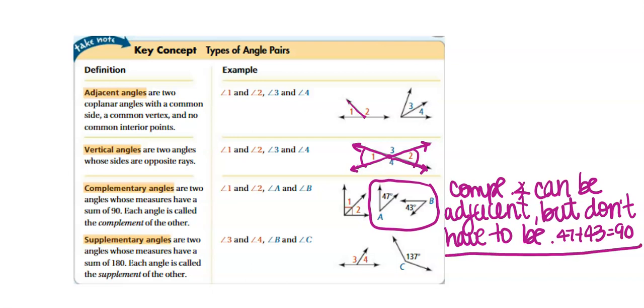Okay, when you look at the next one, supplementary angles are 2 angles whose measures add up to 180. They can be next to each other. They don't have to be next to each other. So if I look at, for instance, these 2, 43 plus 137 would be 180. That would form a supplementary pair.